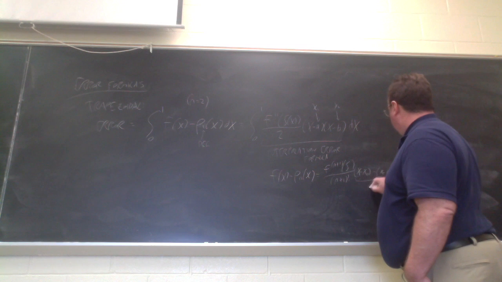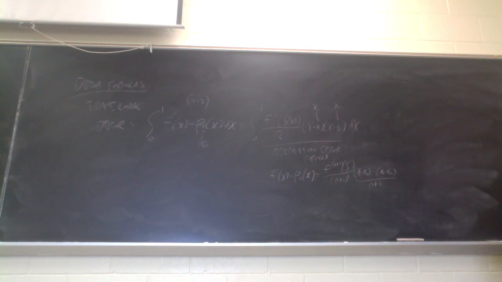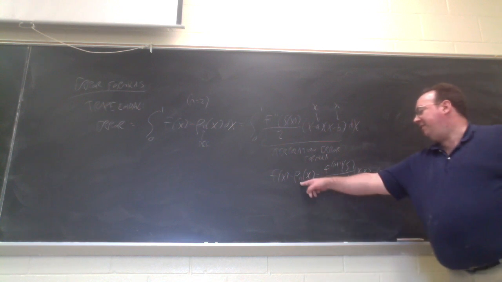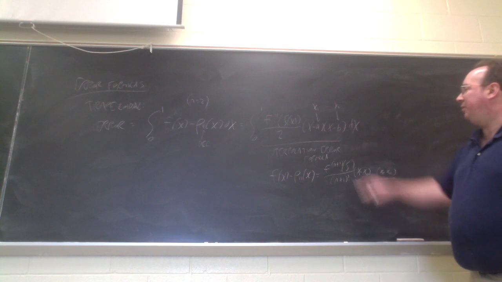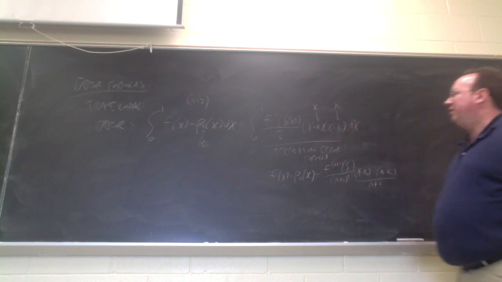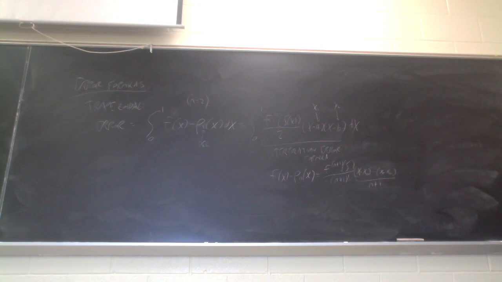Whatever degree you have here, you have that plus 1 number of linear factors here. So that's why we have degree 1, but we have 2 factors, 2 nodes. Any questions about the formula before I do anything with it?